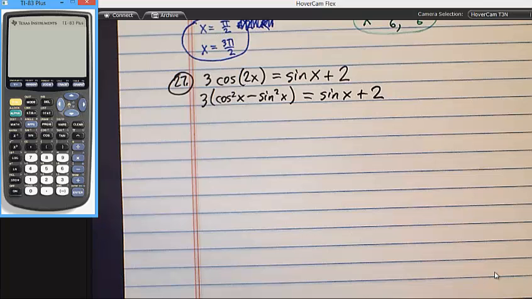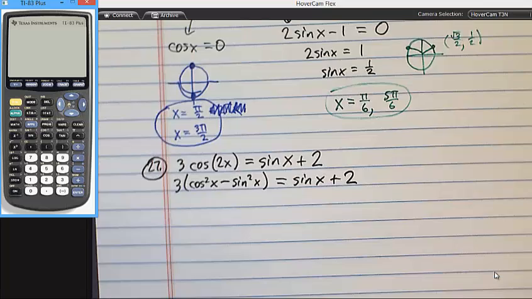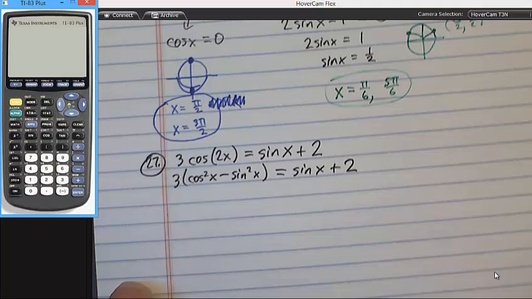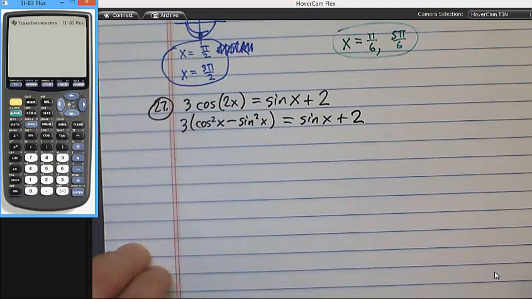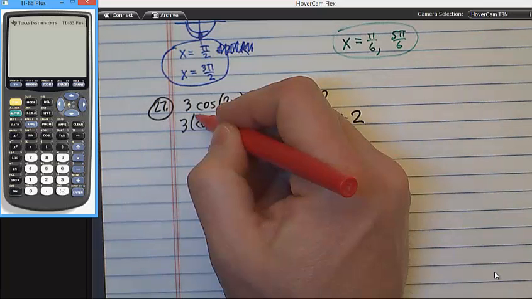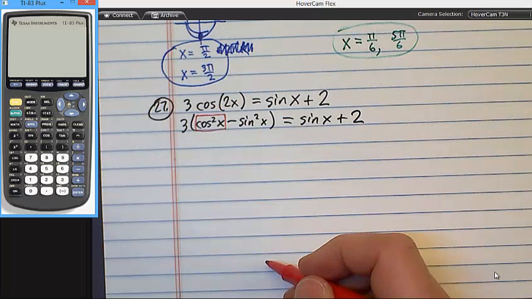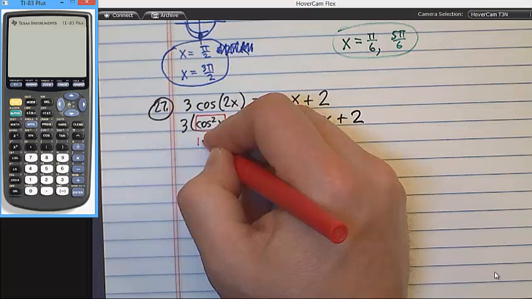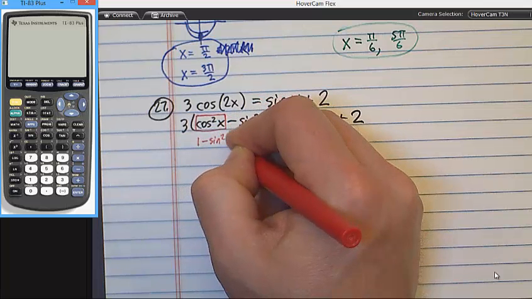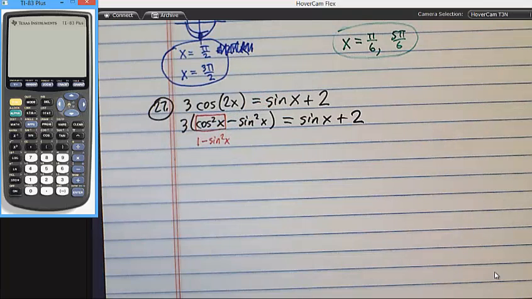In the last problem, there were cosines everywhere. Here, there's not cosines everywhere, there's not sines everywhere. But what you can do is instead of writing cosine squared here, I know that that's the same as 1 minus sine squared x.